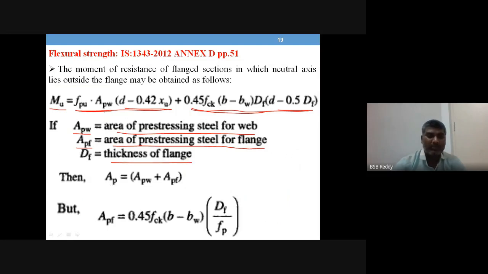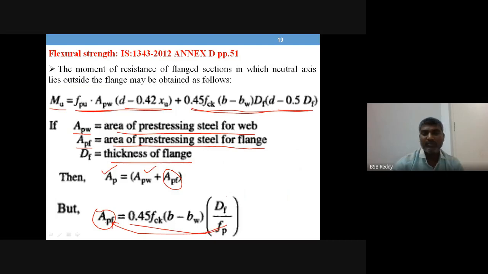So you will be knowing only the AP value. So how do you get the APW value? By knowing APF. How you get APF is from equating compressive force equal to tensile force. So APF into FP, that is stress in steel into area of steel in flange, is equal to tensile force, which is equal to compressive force.